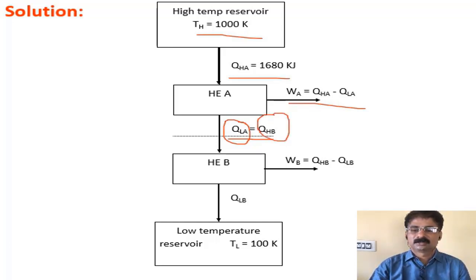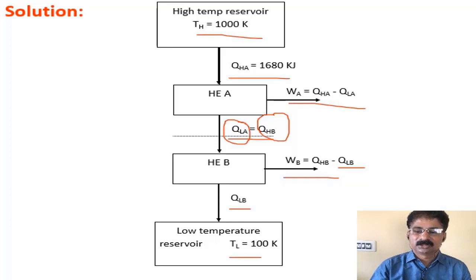Try to understand this. This is very, very important. Part of that is converted into work. That is WB, equal to QHB, the input to this engine, minus the rejected QLB here. Then this is the sink temperature. All of you have to remember this diagram. You can note this down on a sheet of paper before I proceed to the next slide.